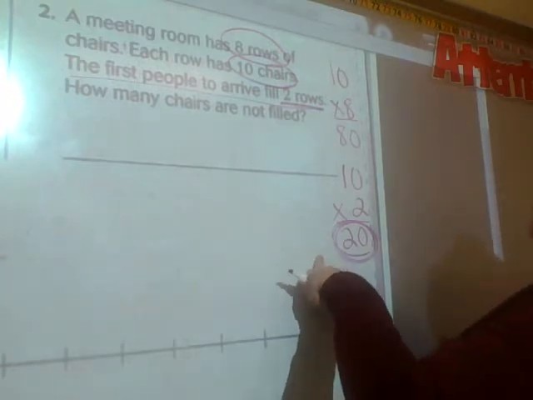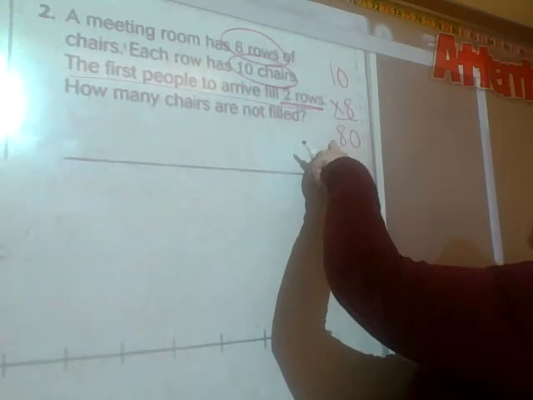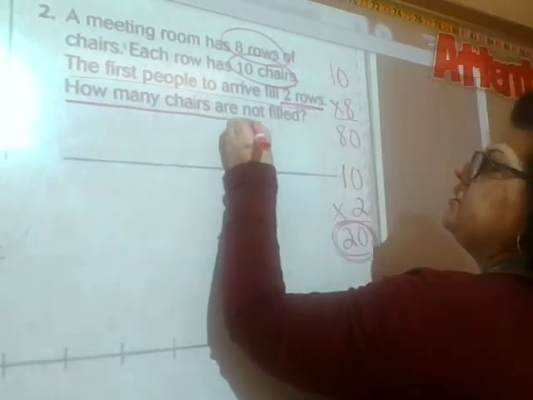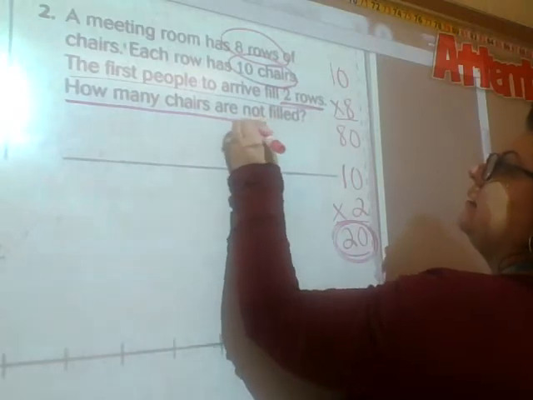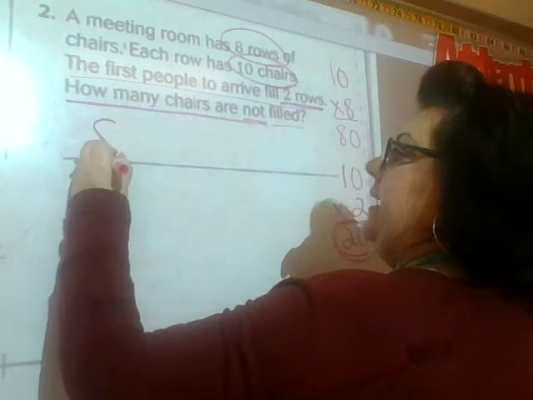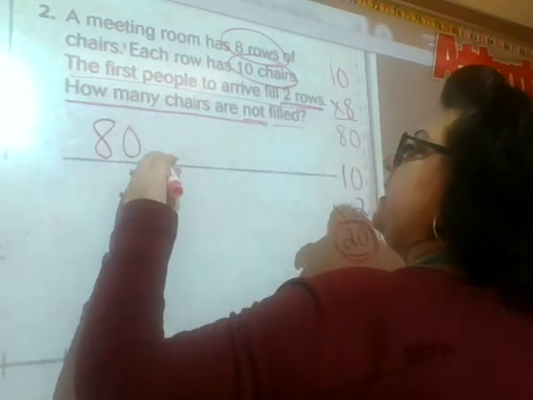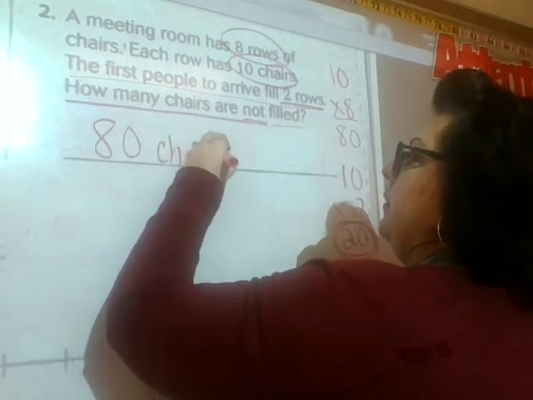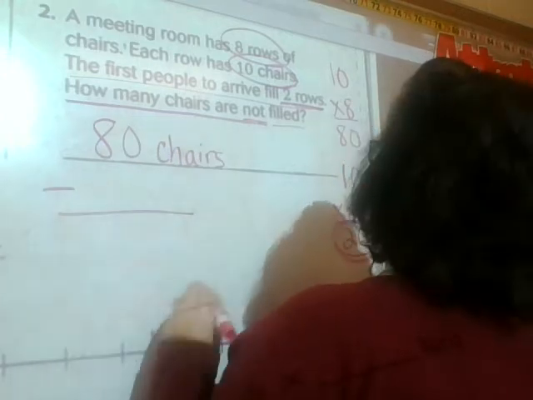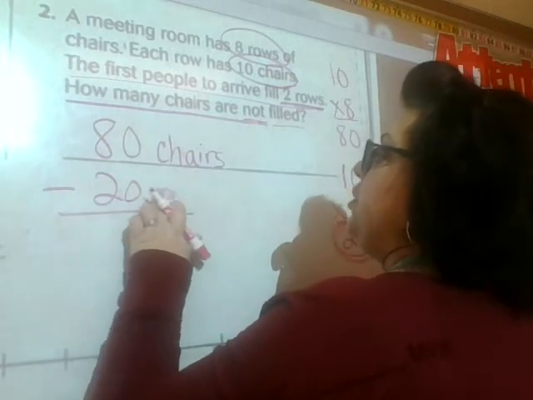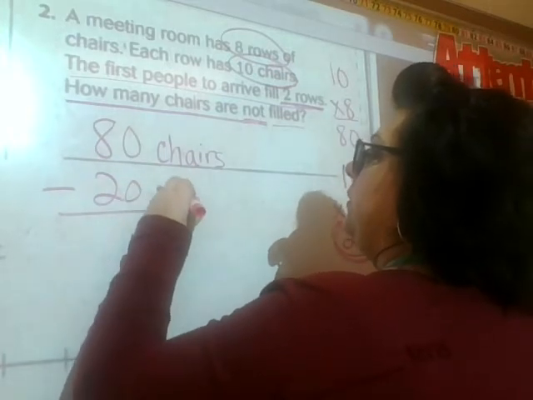We have a total of 80 chairs. Your question says, how many chairs are not filled? So we want to say 80 chairs that are in there right now, right? Minus 20 people or 20 chairs that are already filled.